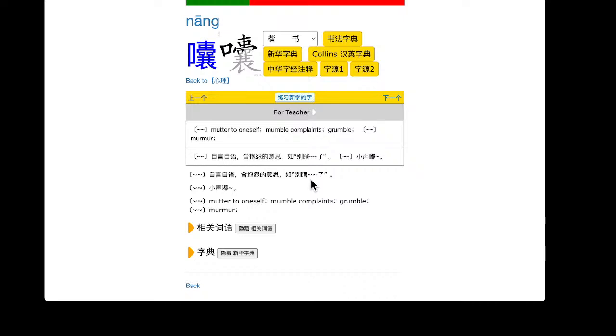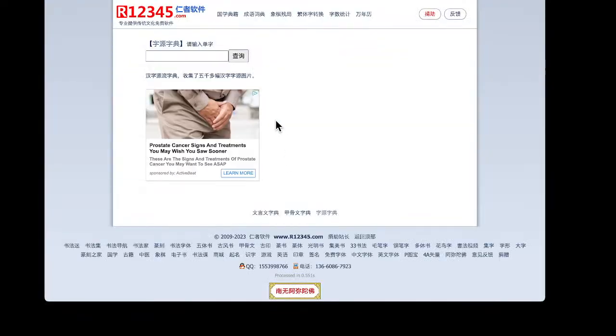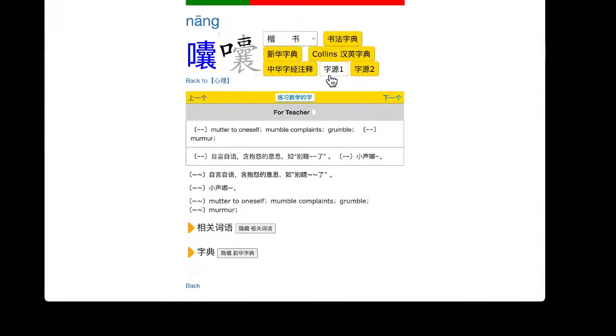And 嘟囔 means to mutter to oneself, or mumble complaints. It's a small-sound complaint, you can hardly hear it, but you can hear it, that kind of thing, called 嘟囔. This one does not have an etymology. Basically it's the mouth radical, and the right-hand side is the character 囔.